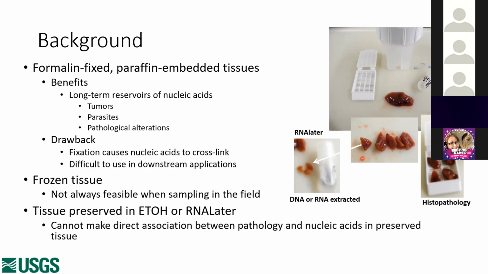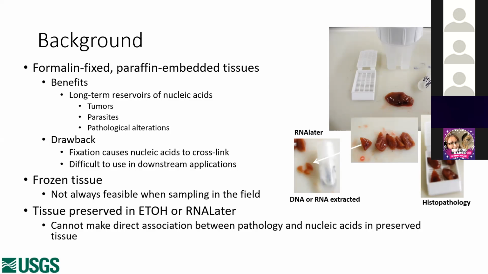You can preserve tissue in ethanol or RNAlater, which are great fixative preservatives for nucleic acids. But at the same time, there becomes a disconnect, and you cannot make a direct association between the pathology that you might be seeing on a regular histology slide, made from the tissues that you preserved in the fixative, and the nucleic acids that were preserved in RNAlater or ethanol.